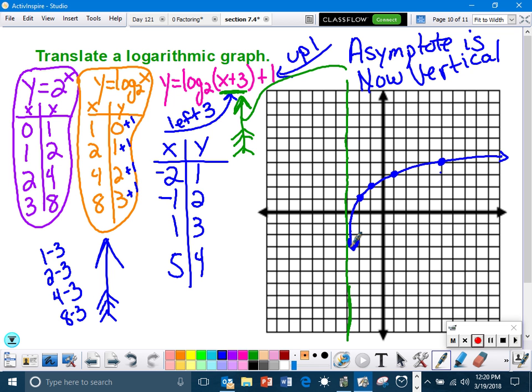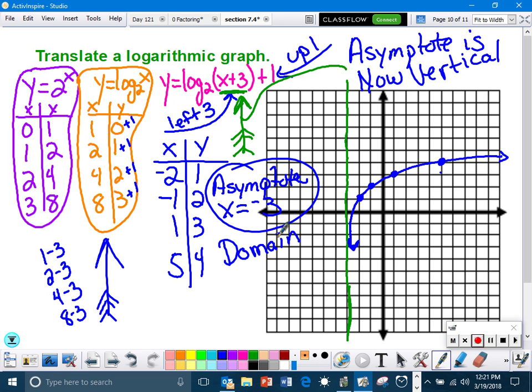We'll do another one just to make sure you get it. Now, since my asymptote is x equals negative 3, that affects the domain. Now remember, when we did the inverse, we switched x and y. So that actually switches the domain and range.